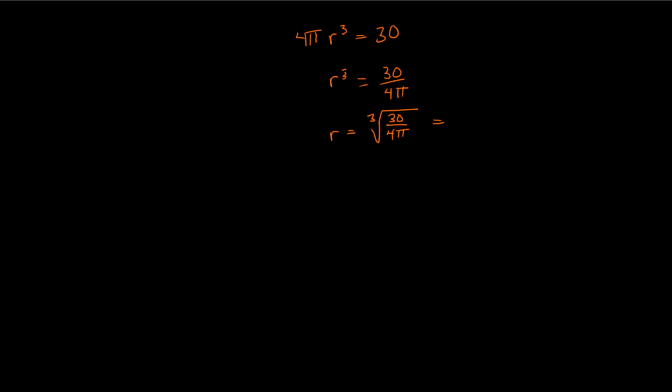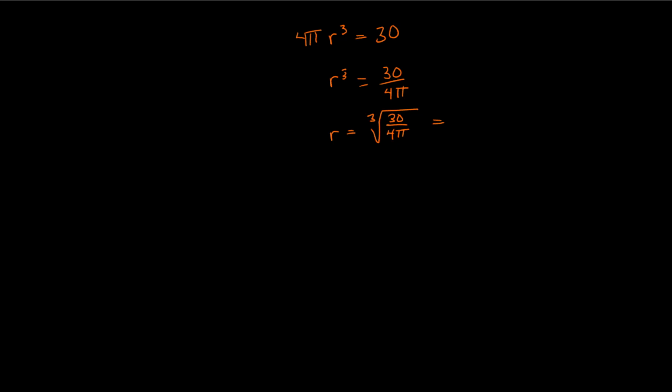When you work this out on your calculator, to do the cube root I'm going to do parentheses 30 divided by parentheses 4 times pi, close that parenthesis, close another parenthesis. Cube root means raise it to the 1/3 power. So I'm going to raise this to the 1/3 power.